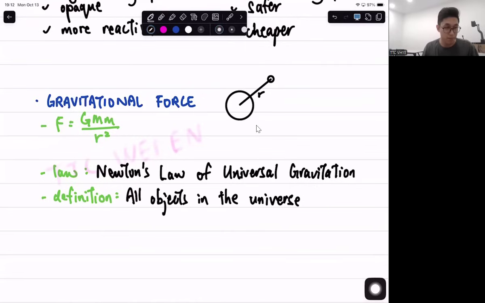Who does the object attract? The object has a gravitational force with everything else. For example, this pencil and I have gravitational force. The pencil and the chair have gravitational force. The pencil and the wall have gravitational force. So all objects in the universe attract every other object.